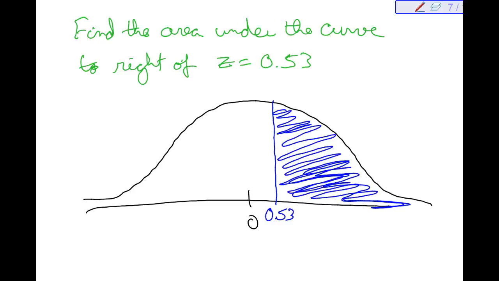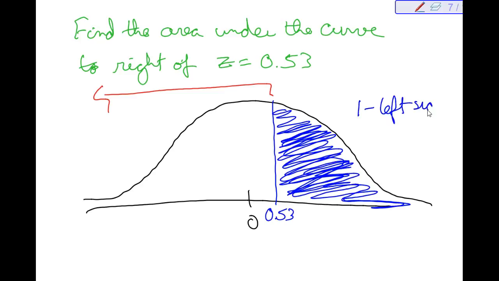Okay, well, remember, our table gives us to the left. So there are two different ways we can work this, okay? We can look up this left side, which will give us this portion, and recall that the entire chart is equal to 1. So this is going to be 1 minus the left side.